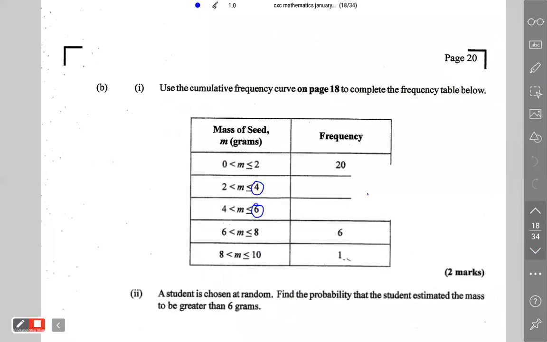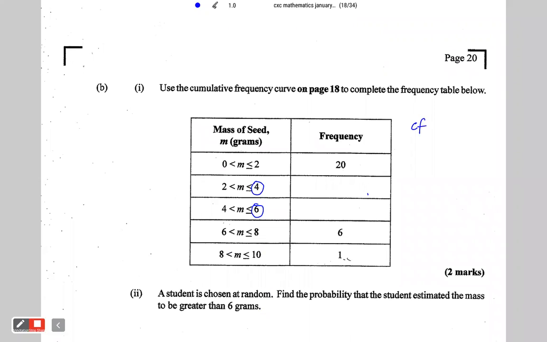All right, here's how a cumulative frequency curve works. So this is cumulative frequency. From 0 to 2 grams is 20 pulses. Now, 20 plus the frequency here is supposed to give me the one at 4, which is 70.